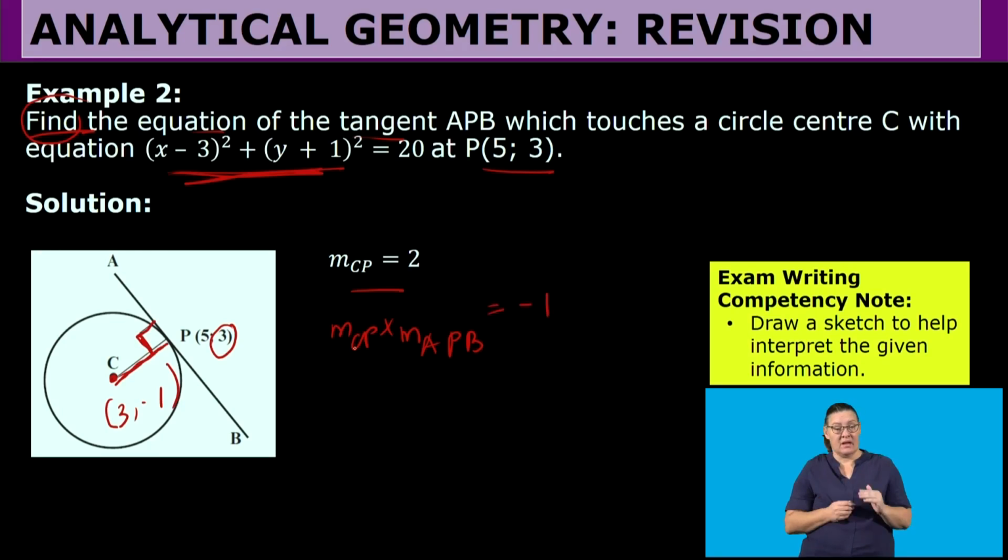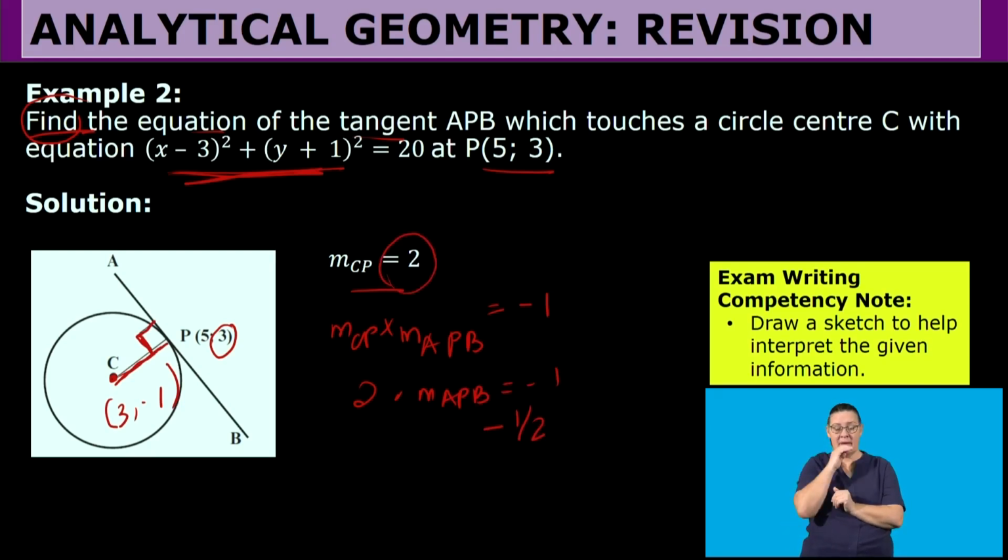So if the gradient of CP is 2, then the gradient of our tangent must be equal to -0.5. Okay, it's the negative inverse of the gradient that you have. So therefore, it's -1/2, or you can work it out using a small equation. Okay, so we've got that the gradient of APB is -0.5.